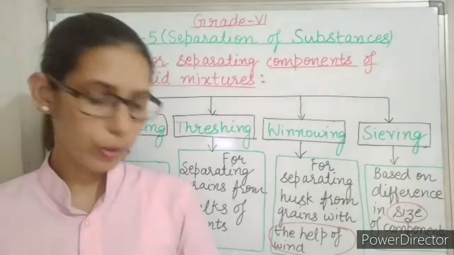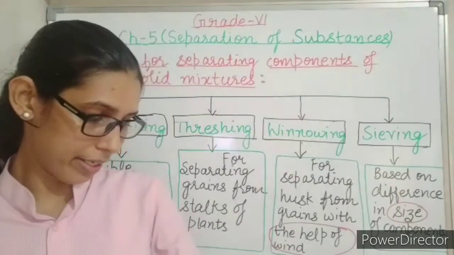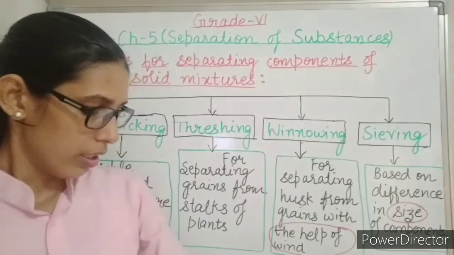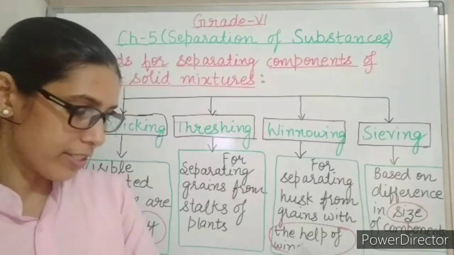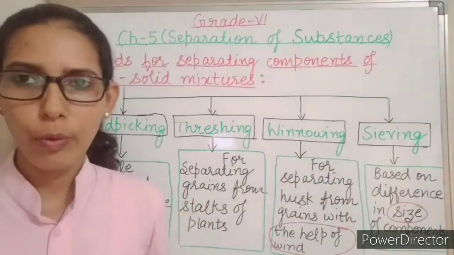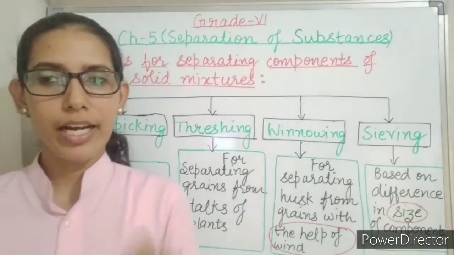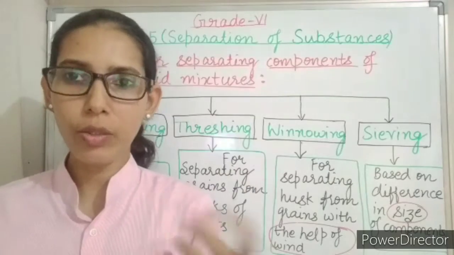Next is, we do not pluck seeds of cereal plants like we pluck fruits from a plant. So to separate the seeds of the cereal plants, which method do we use? We use threshing. Why? Because seeds are small in size and they are larger in quantity.